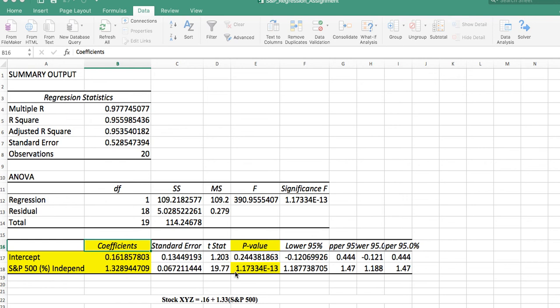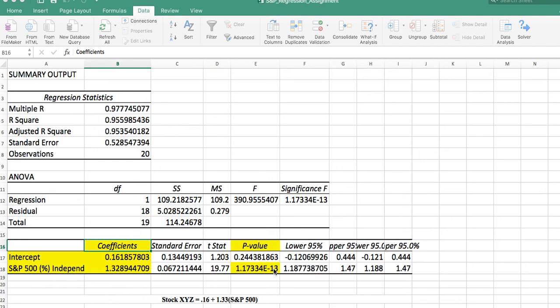In this case, I have 1.173 to the negative 13, which simply means move the decimal point over 13 places to the left. If I do that, my p-value is extremely small, and it is less than my alpha, or my level of significance. Therefore, I can say that yes, there is a relationship between dependent and independent.